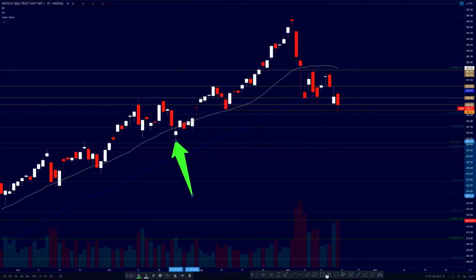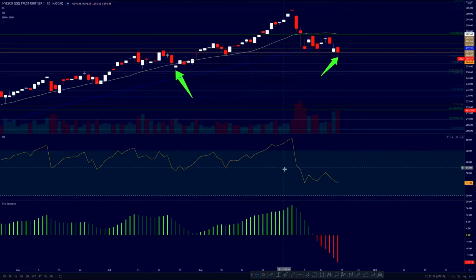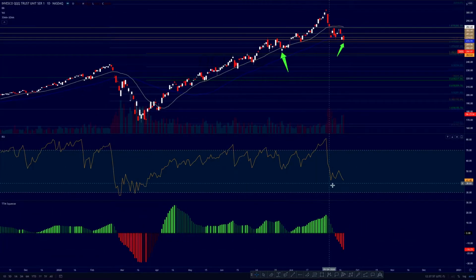It's a mini low, it's not that strong of a swing, but I think it can still be considered a low, and this low. So you have a higher low, and you have more negative momentum.